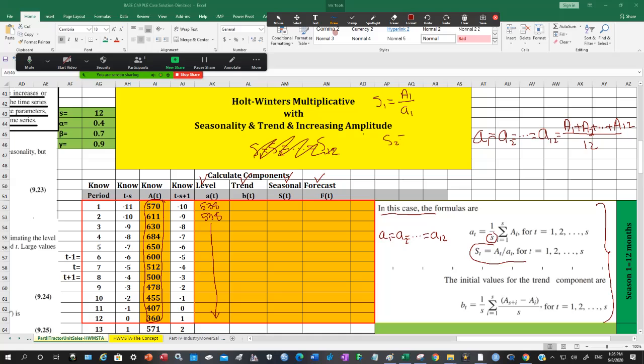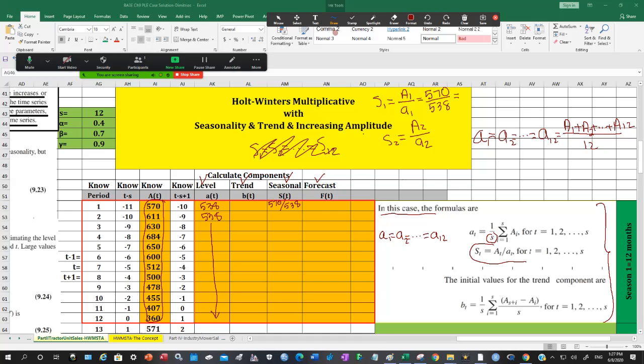S of 2 equals actual 2 over A of 2, and we have them. For S1, actual one is 570, and lowercase a1 equals 538, so S of 1 is 570 over 538.